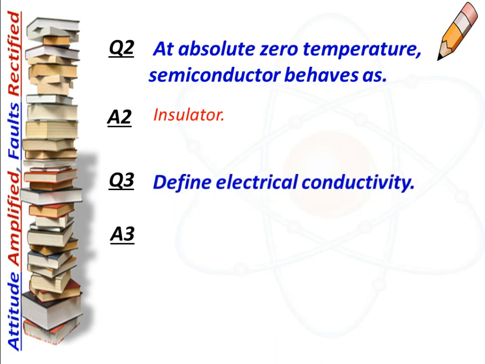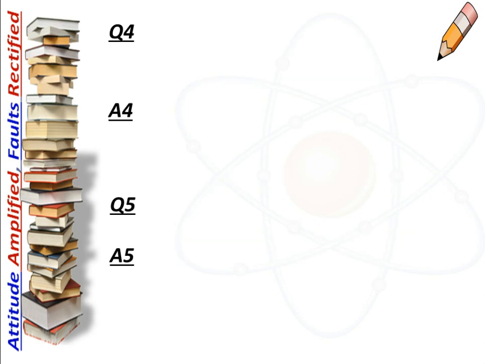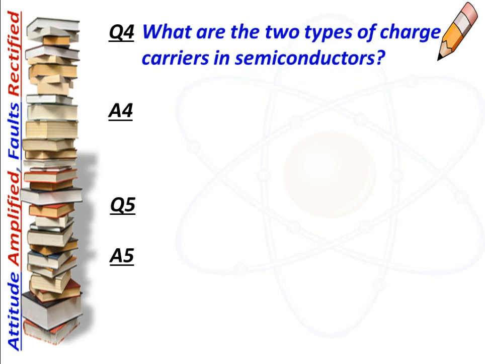Next question, define electrical conductivity. Answer is electrical conductivity is the ability to conduct an electric current. What are the two types of charge carriers in semiconductors?